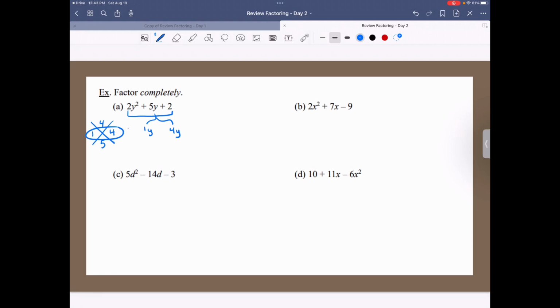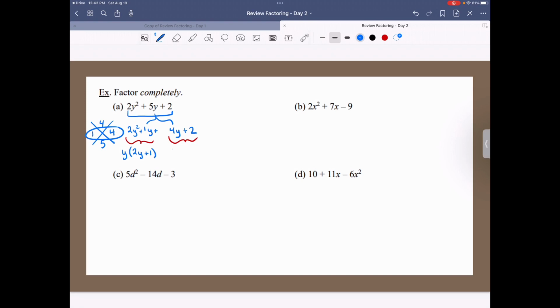So I'm going to bring down the 2y squared plus 4y and bring down the plus 2. Did not space that very well, but now we're going to group those together. And we can factor out a y, leaving us with 2y plus 1.